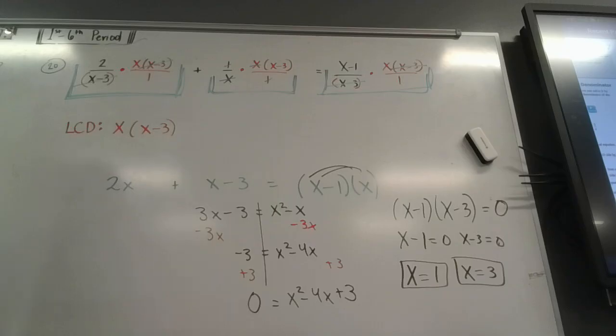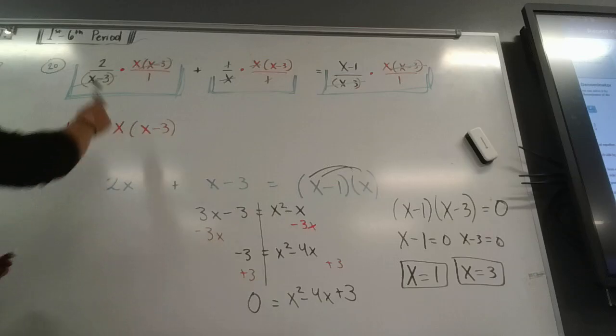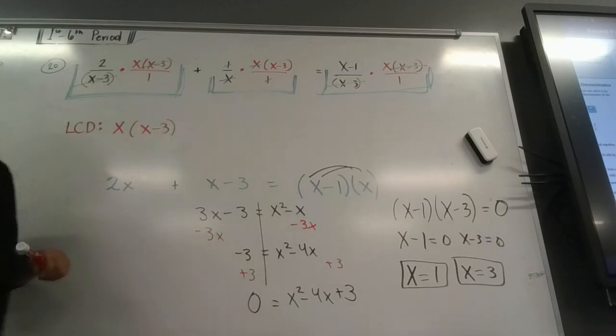The issue is, since day 1 in this chapter, we've been talking about what makes denominators 0. We don't want any undefined fractions. And so with x in the denominator, that's why we're open to that possibility. So think about which one, 1 or 3, would be a problem if you plug it into the bottom of these original fractions.